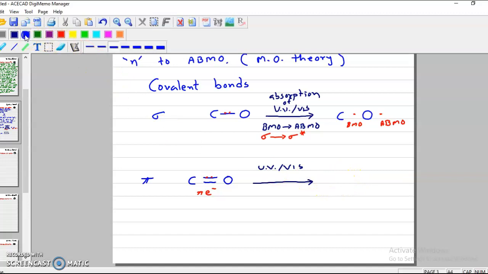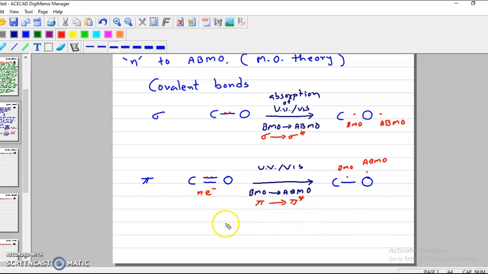Sigma remain as it is. There is no change in sigma. But now in case of pi bond, there is only one electron left over here, and another electron will transfer to ABMO of pi. So again, this kind of transition is between BMO to ABMO only. And as it is going from pi orbital to pi star, because ABMO is given star, so we call it pi to pi star transition.